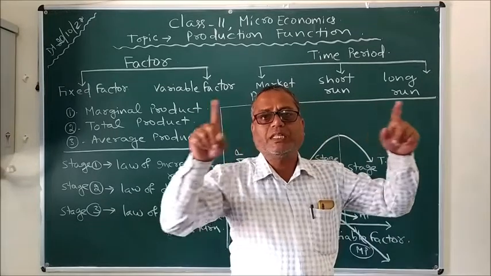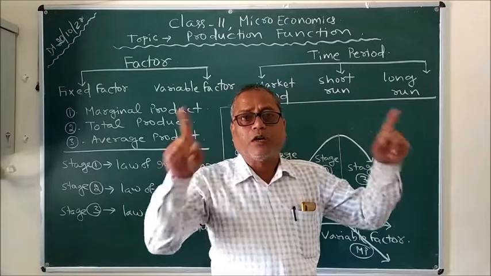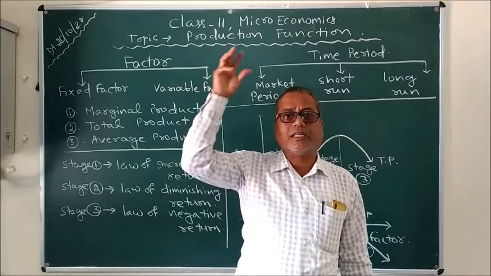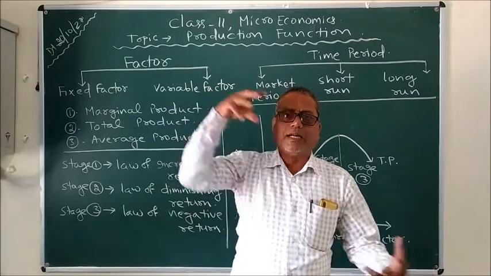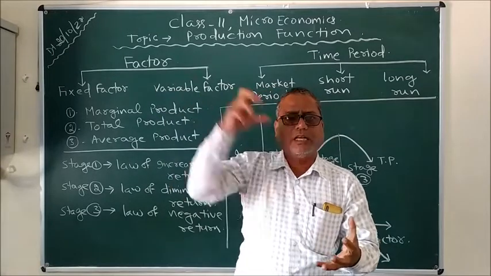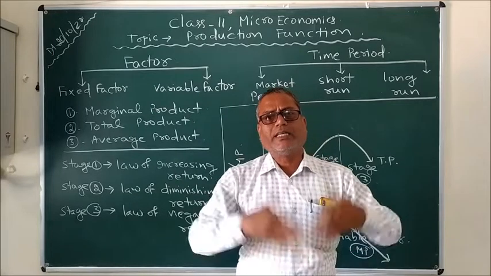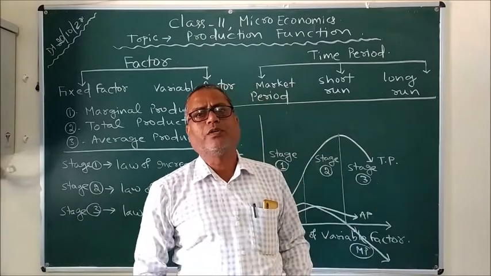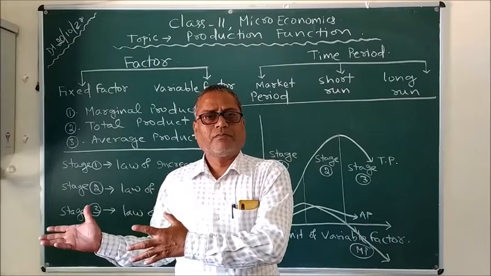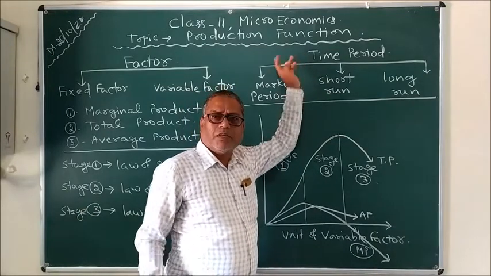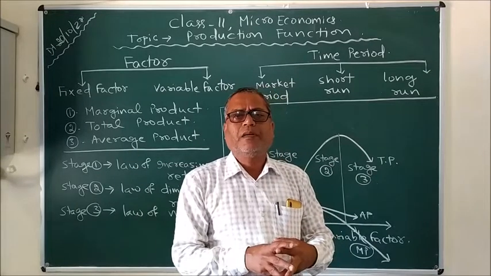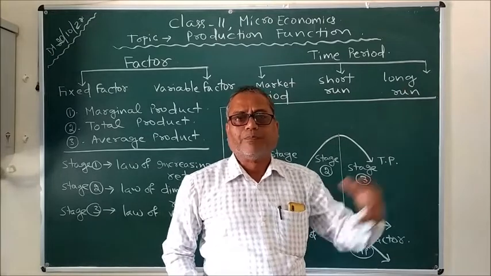So here the piece of wood is a factor, the piece of wood is an input. The skill of the labor is an input. And by adding the input, that is wood, and another input, that is the skill of the carpenter, we converted the piece of wood into a beautiful chair, and here the chair is the output. So in our production function, we will try to understand the mathematical relationship between input and output.